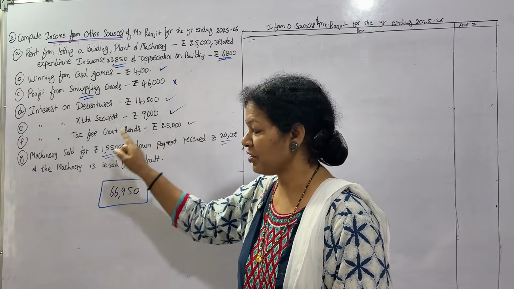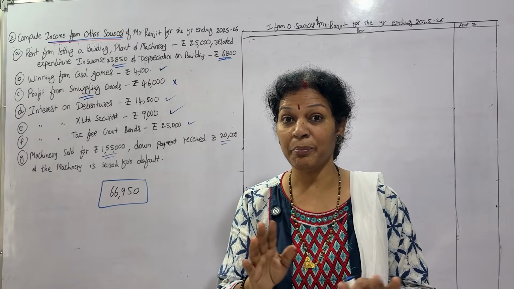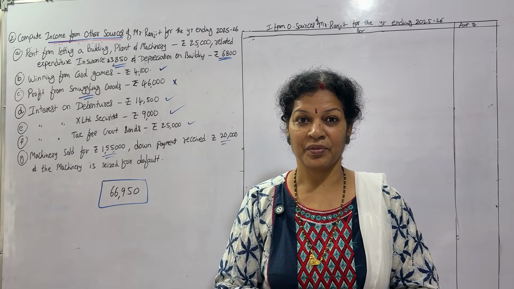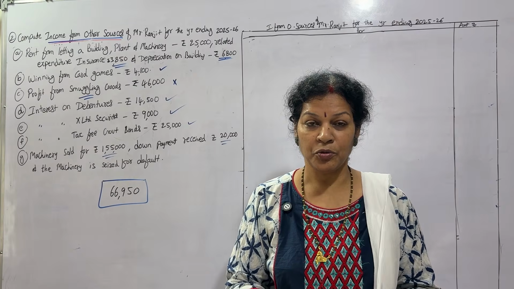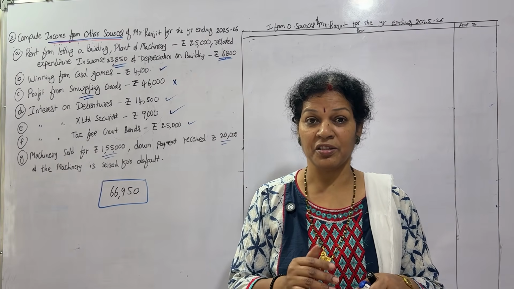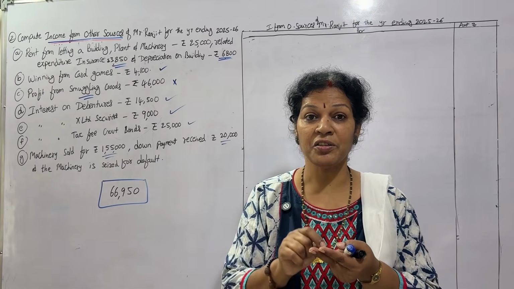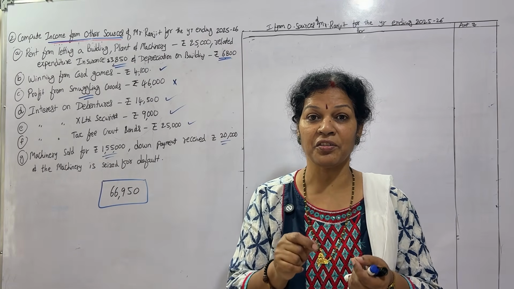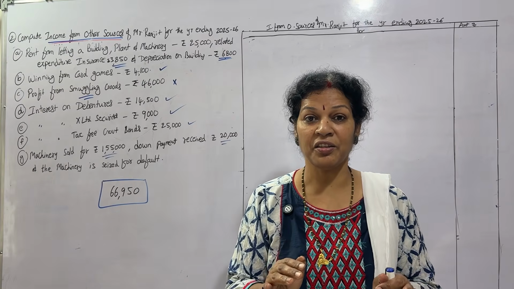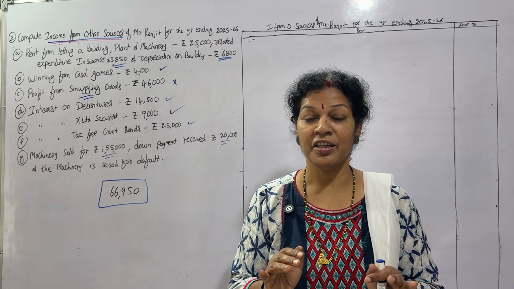So the entire transaction is income from business. It's a business, selling and getting the income. Whenever we receive interest on securities, interest on debentures, lottery, these are the transactions we consider as income from other sources.